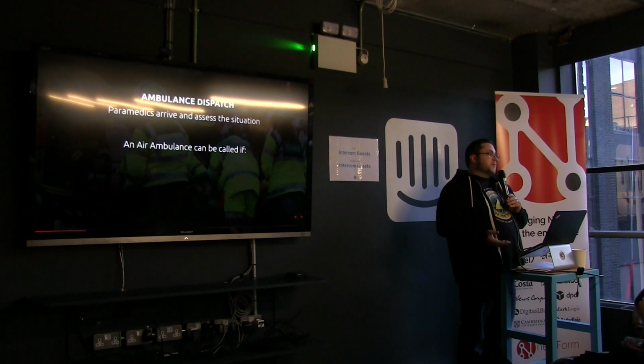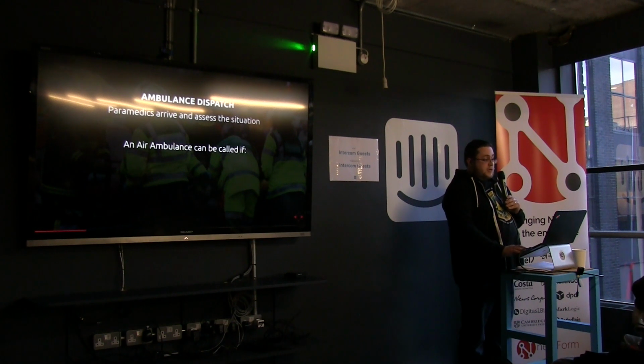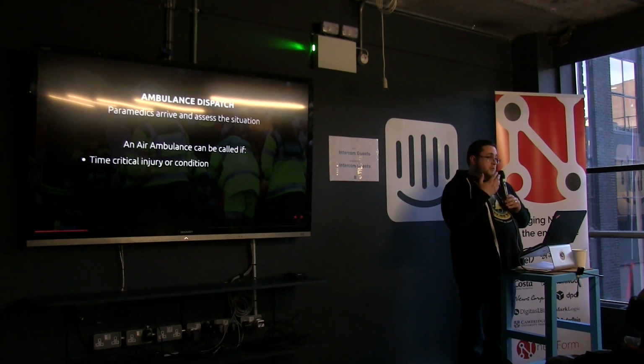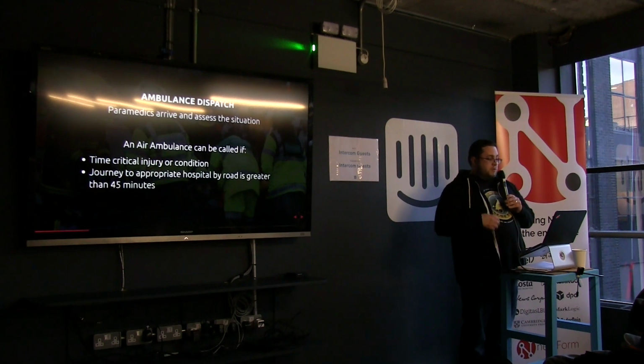So each paramedic can call down the air ambulance if a number of conditions are met. Ultimately, it's up to dispatch to decide whether or not one is sent, but generally speaking, it's a time-critical injury or condition, and the journey to an appropriate hospital by road is greater than 45 minutes.